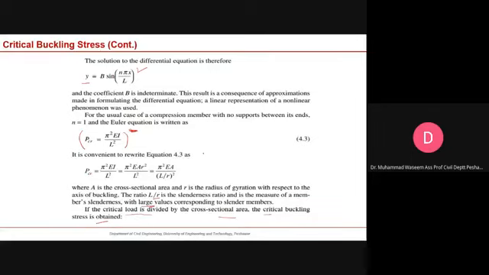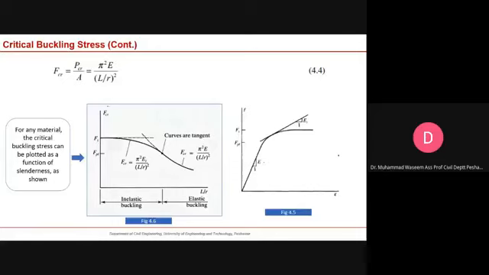If you know this formula, you know the critical load, and you divide it by the cross-sectional area, so these are the stresses you will get in your member. We call them critical stresses. In the same thing, the area will be cancelled out.